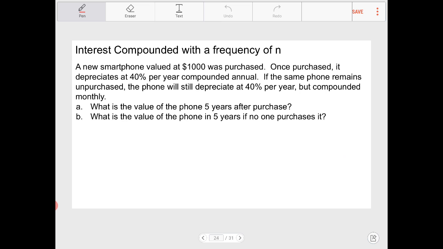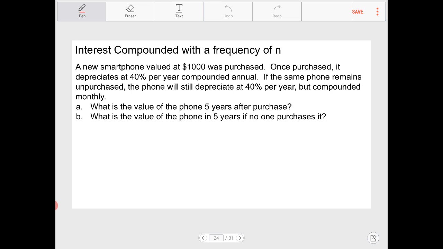So let's say the latest iPhone or Samsung phone, and there was an overstock of that particular product, and it stays in the store for a long period of time. Of course, the value of the phone will depreciate, but it's going to be compounded monthly.